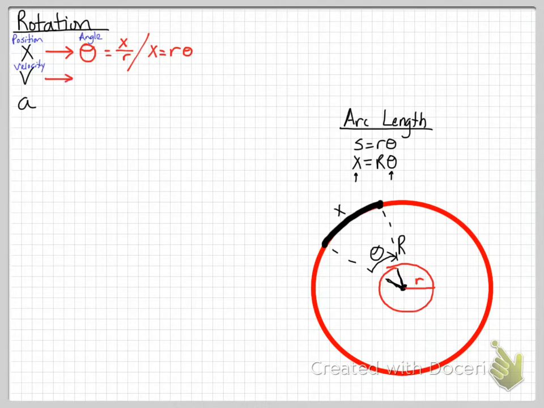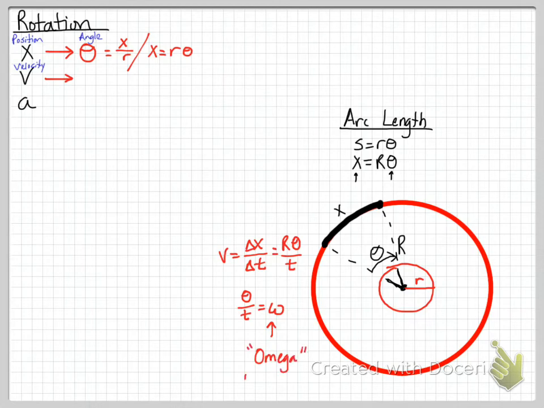Now we can talk about velocity, and when we talk about velocity, if you remember, we had velocity equals displacement over the change in time. And we have a relationship for X where we plug in the R theta for X, and it's still over the change in time. But we also know that theta over t is equal to omega, or angular speed.